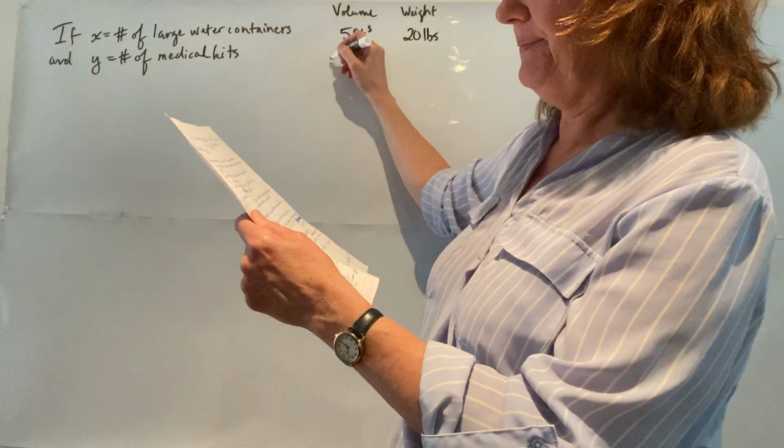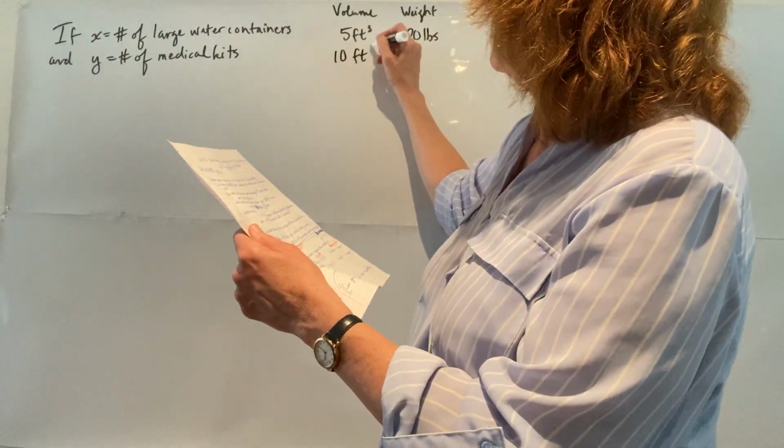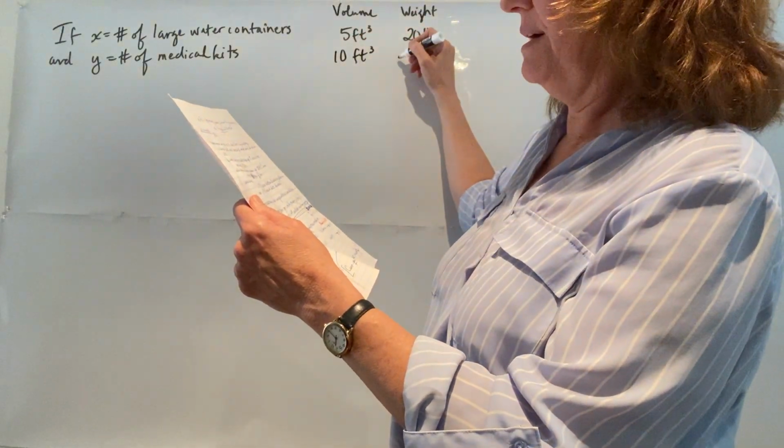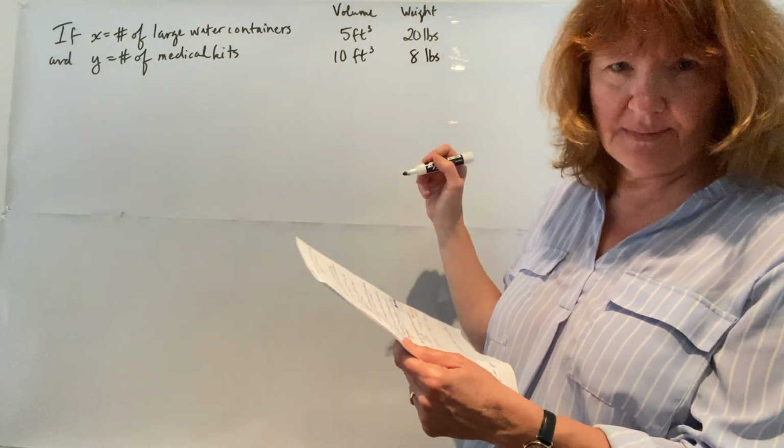Each medical kit takes up 10 cubic feet and weighs 8 pounds. Kind of more like a medical tent.